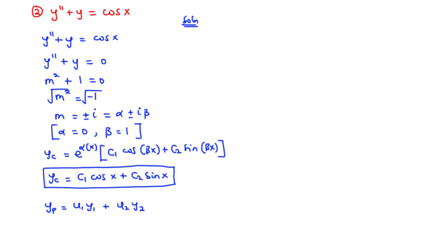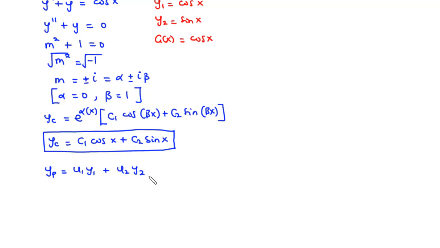First of all we need to establish that y1 is equal to cos x, and then y2 is equal to sin x, and then we have g of x equal to cos x. Therefore, to find u1 and u2, we first need to find the wronskian.